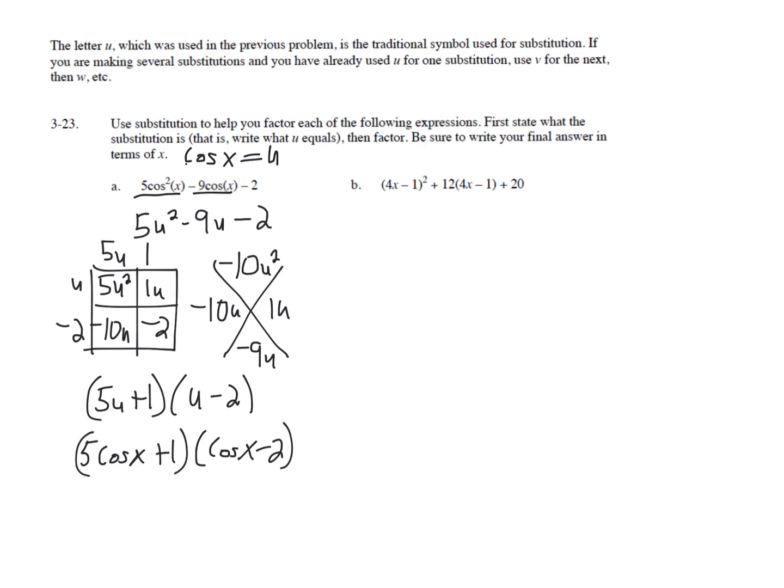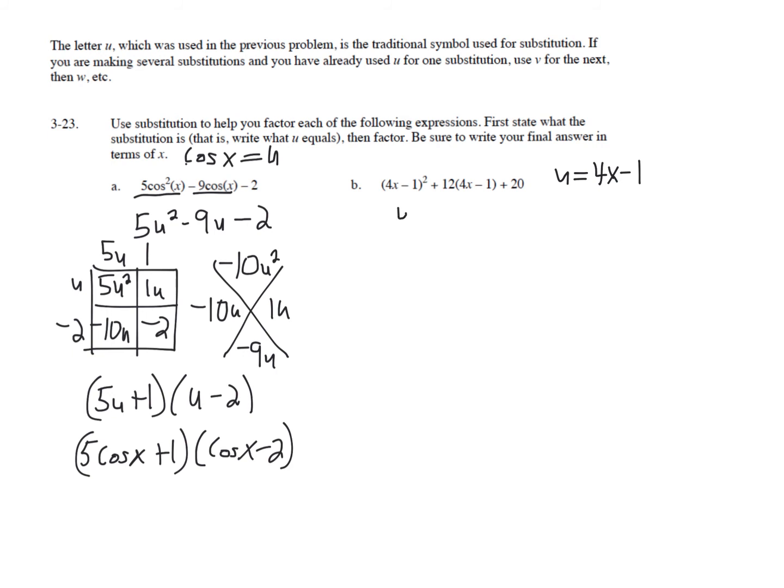Now I would like you to pause this and think about what u should equal. So please pause this now. Hopefully you came up with u equaling 4x minus 1.